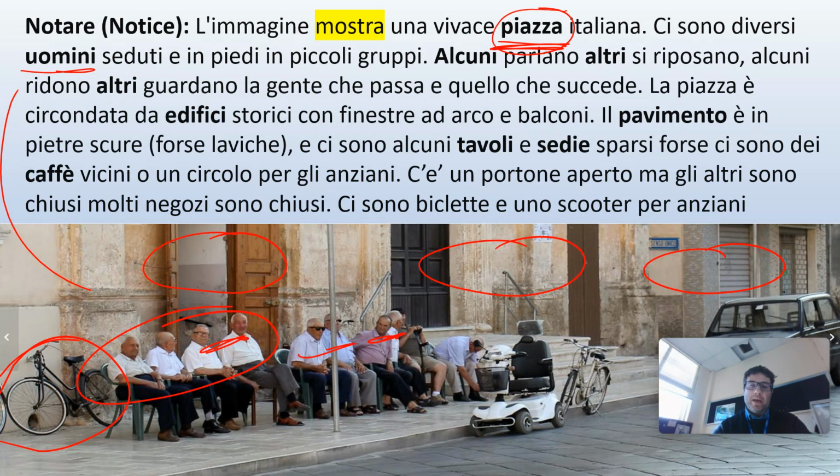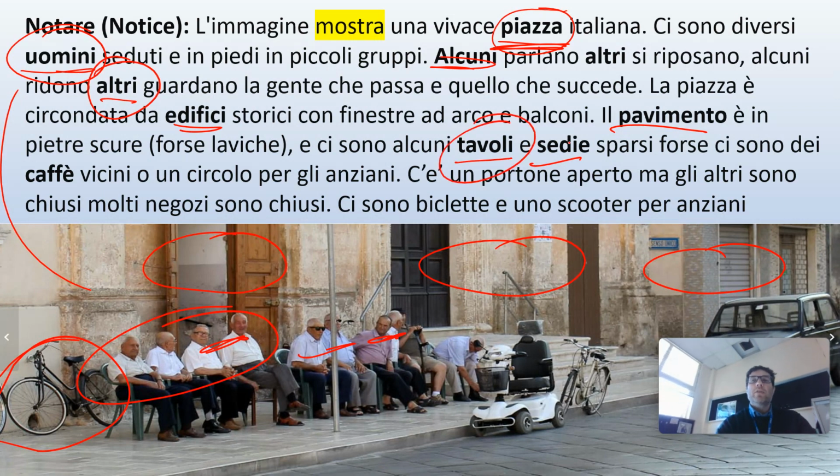Probably those men have been riding their bikes to this, maybe a social club, un circolo per anziani o un caffè, magari un posto dove si incontrano. That implies probably where they meet, and we can see them just enjoying each other's company and seeing what's going on. So this is the first section. You notice that in this first section, we do need to be very specific with the words.